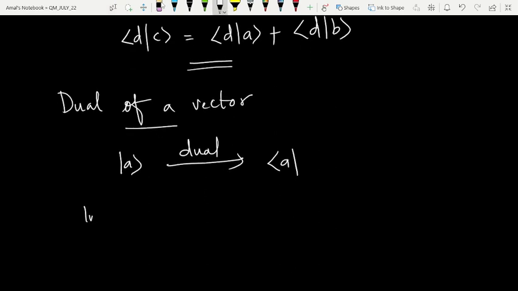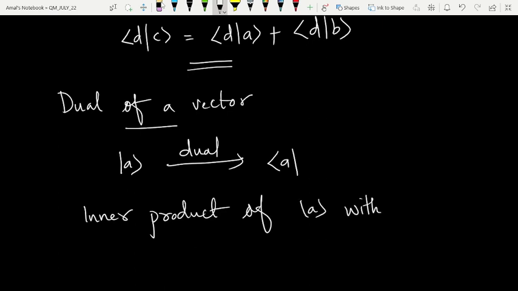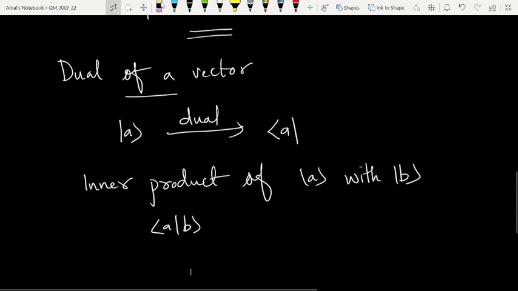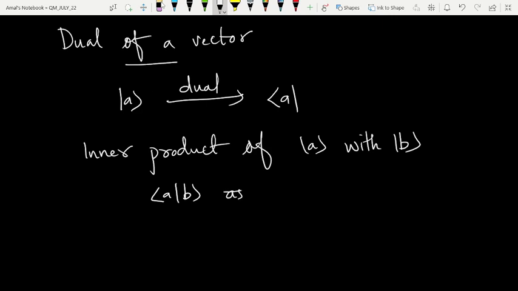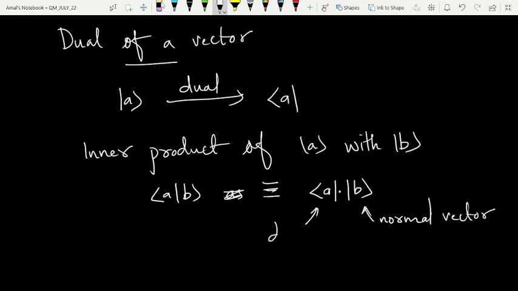The inner product of A with B, which we represent as A, B, can be redefined as the product of vector B with the dual vector of A. So we can redefine the inner product as the multiplication of vector B with the dual of A. This is the normal vector and this is the dual vector.